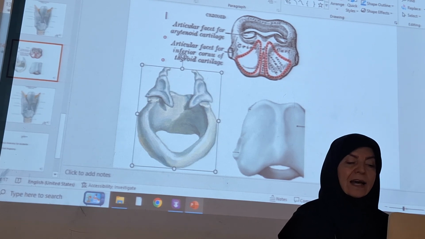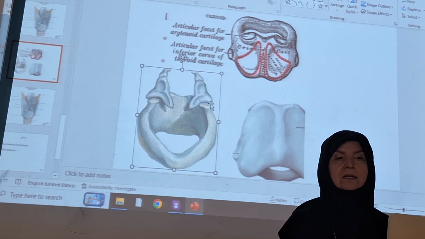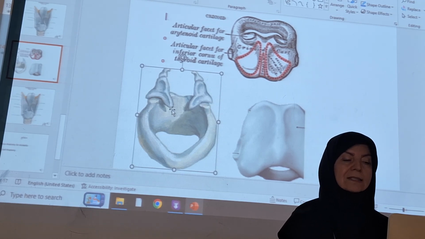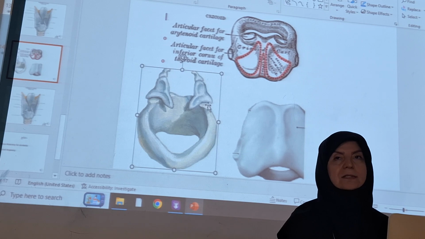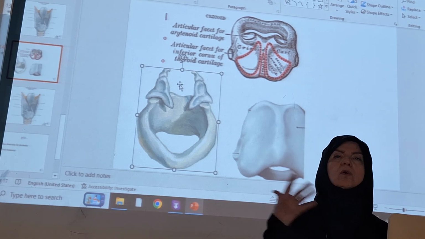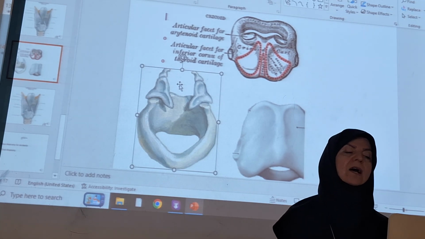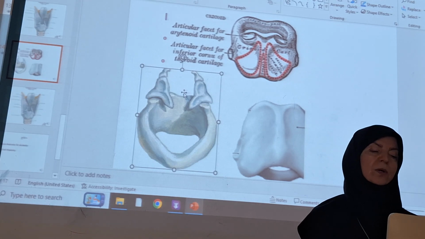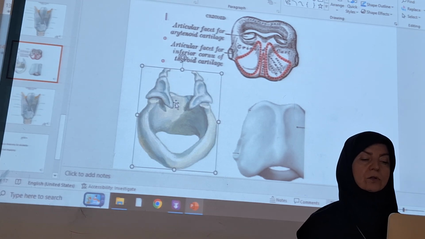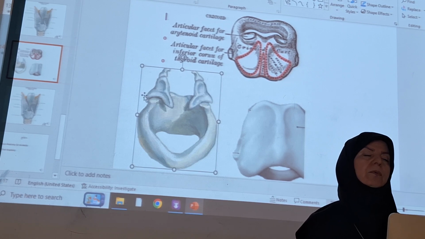Another angle we call the muscular process. And another angle doesn't have a special name. So in the base of the arytenoid cartilage, two of the processes are visible, vocal process and muscular process.